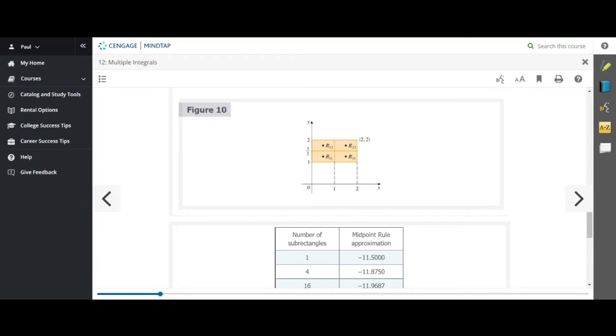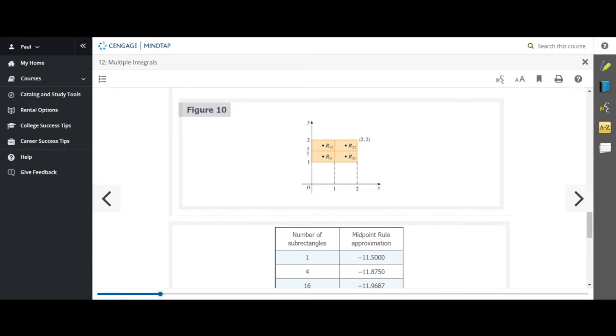Okay. What about R21? What would the midpoint be in that subrectangle? 3/2 and 5/4. That's correct. Good.